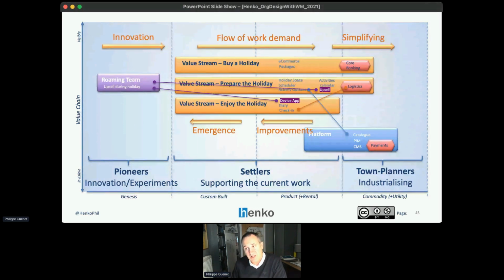So very highly skilled people. But you can also imagine that those people could work at the forefront as roaming teams.